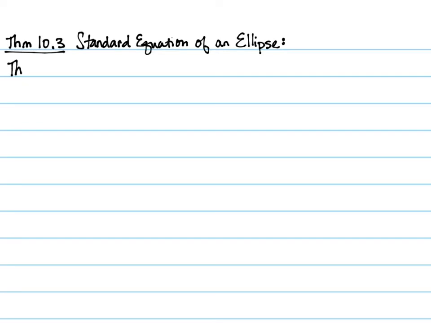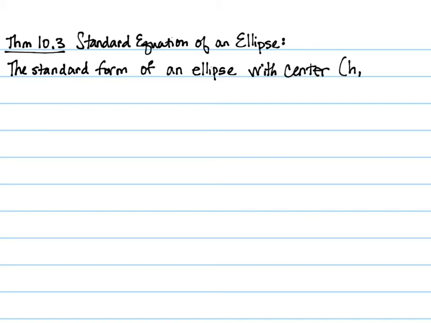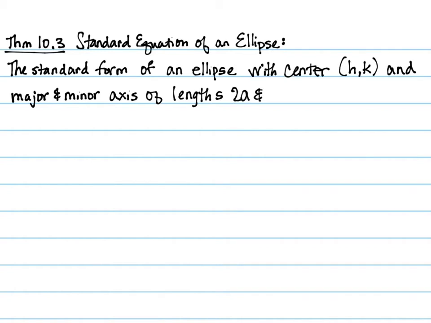So this one talks about the standard form of an ellipse with center (h, k) and major and minor axis of lengths 2a and 2b.